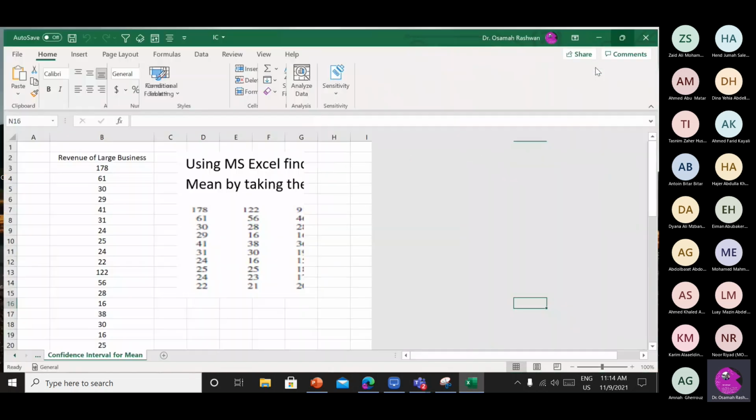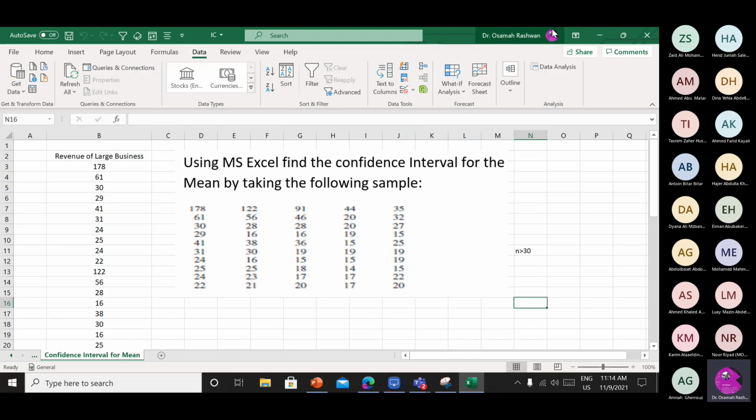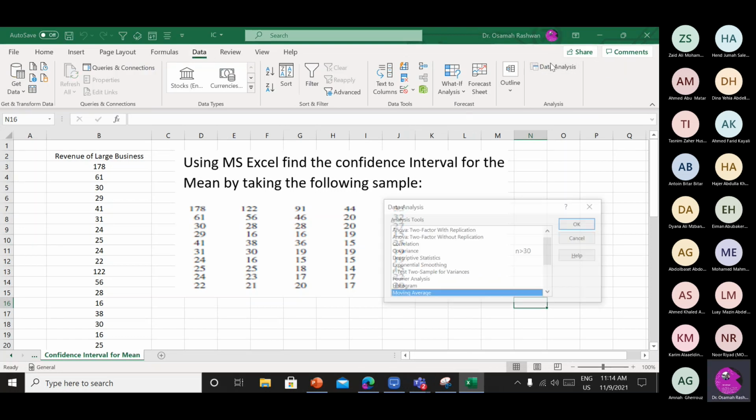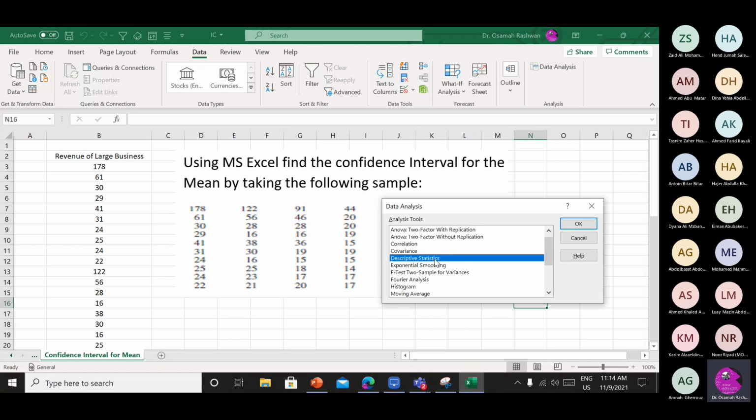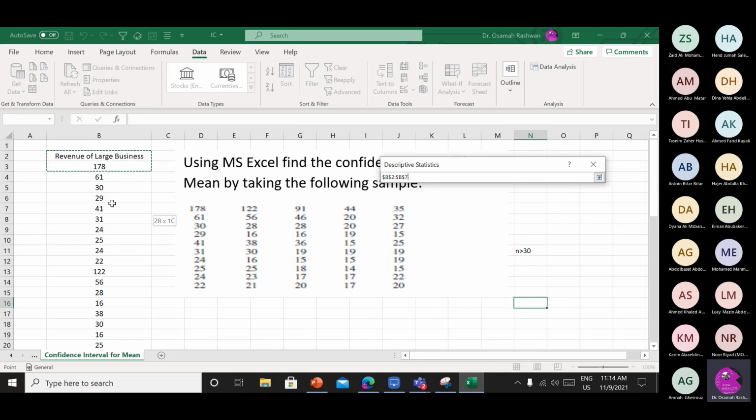What I'm going to do, do you think I have a very straightforward function for this one, or I can go for Data Analysis? Yes. Descriptive Statistics will help me. Press OK. Input your data.